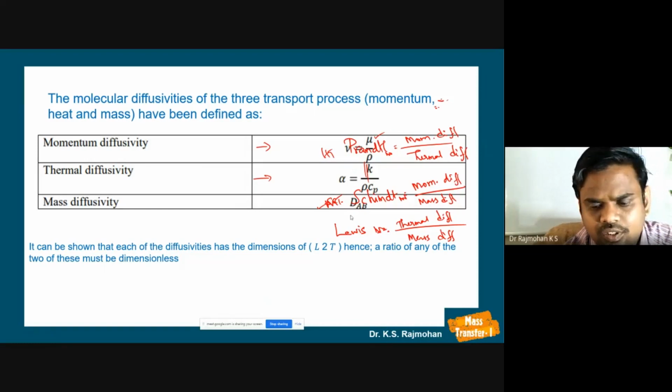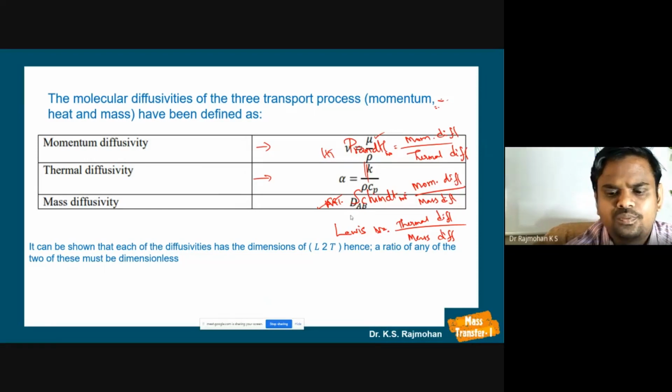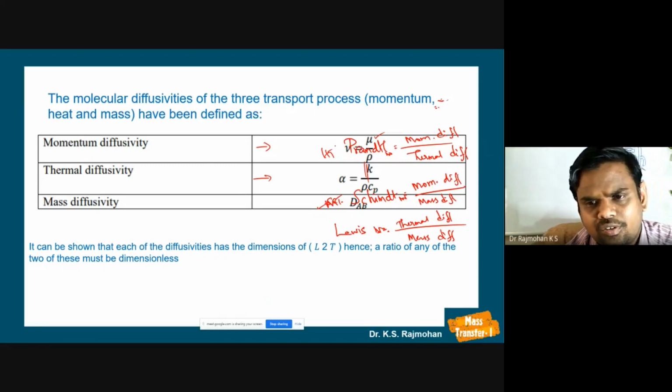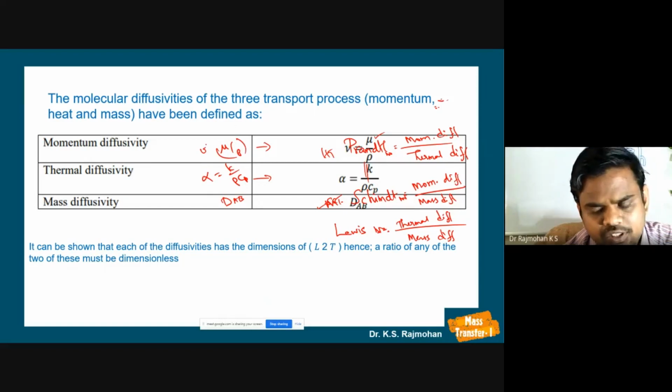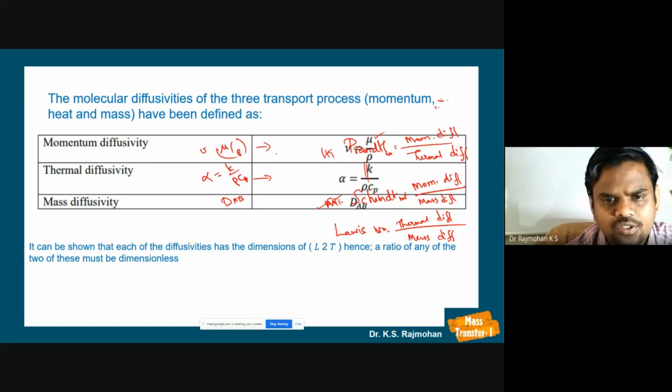So how to know that one? We know what momentum diffusivity is, which is mu by rho. You know what thermal diffusivity is, alpha equal to K by rho Cp, and mass diffusivity is DAB. Mu by rho can also be written as nu, kinematic viscosity. So if you take the ratio of mu by rho by DAB, it is Schmidt number.